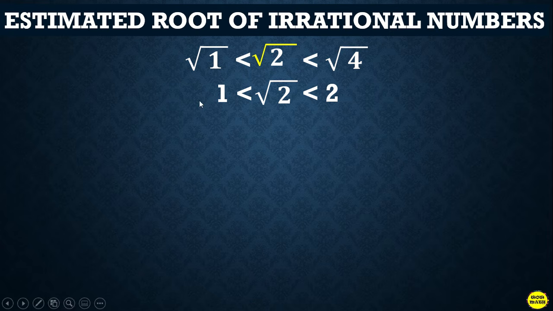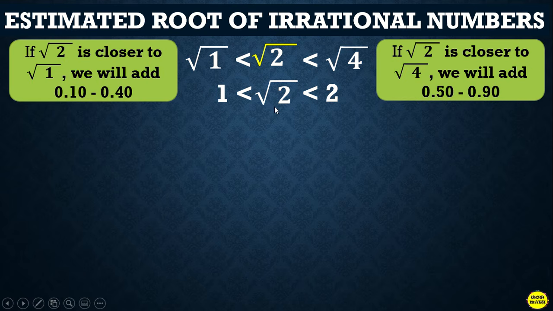Okay. Now, how are we going to estimate the root of irrational numbers? Since the square root of 2 is irrational, paano natin kukunin yung estimated o approximation ng value ng square root of 2? So, para mas mabilis, tandaan ito.